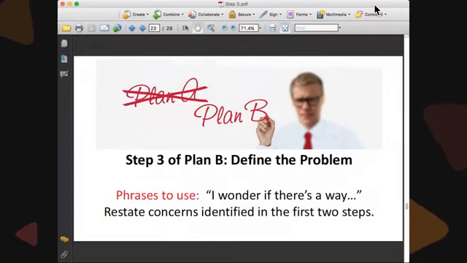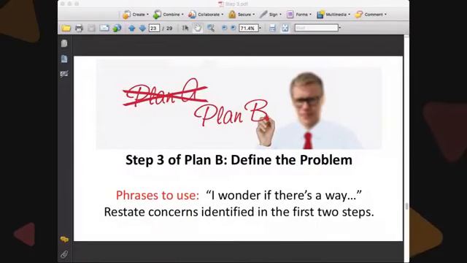So step 3, and now I can't change these, but it's the invitation. The phrases that you can use are, I wonder if there's a way, and you want to make sure that when you're brainstorming solutions, that you're talking about those unsolved problems that you've already identified, okay? So don't go down this rabbit trail and talk about something that has nothing to do with the concerns that you first identified.